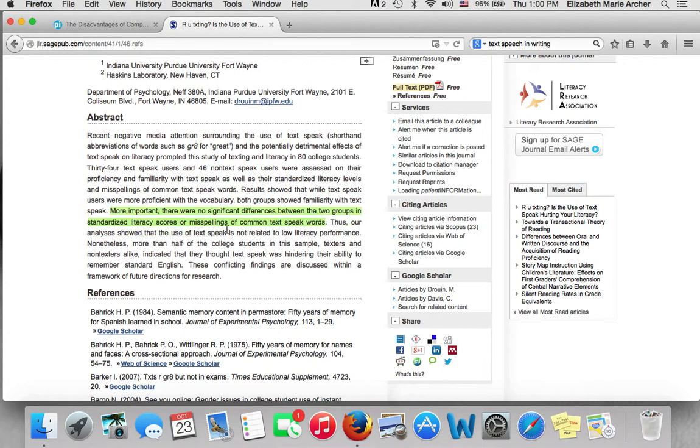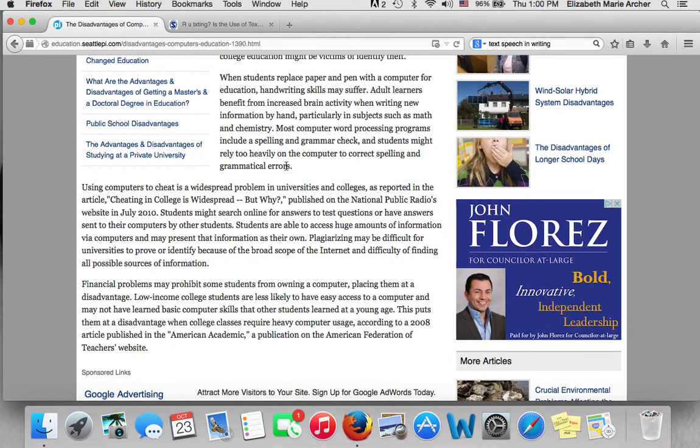Wow, that's kind of surprising. So even though these kids are using these abbreviations, they're on the same level as the kids that don't. Analysis showed that use of text speech is not related to low literacy performance. Cool. Well, that doesn't exactly help the bad technology argument, but hey, it's good to know.